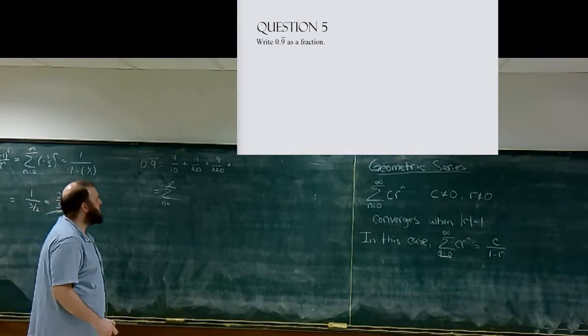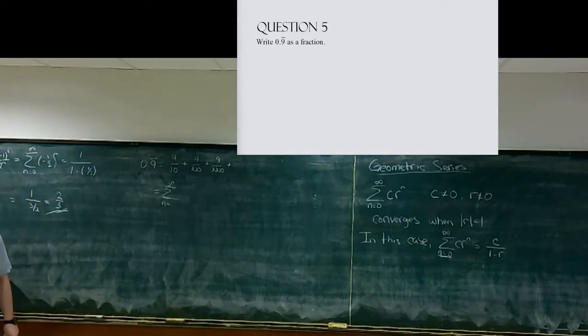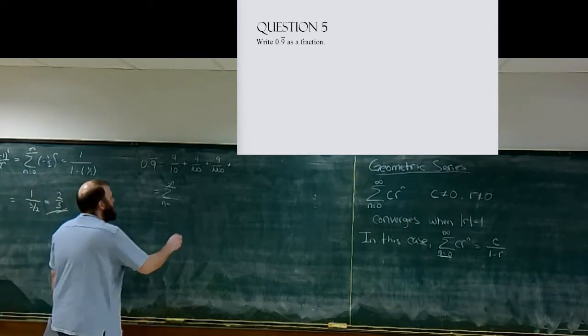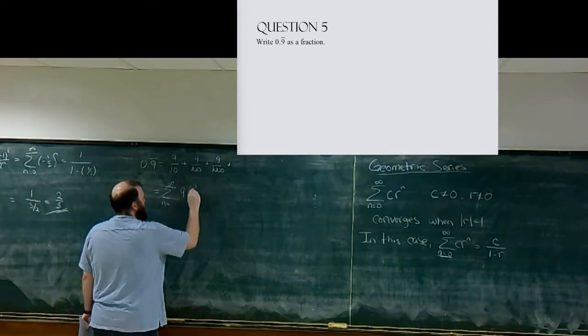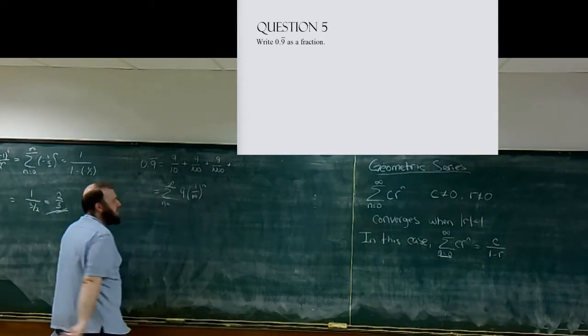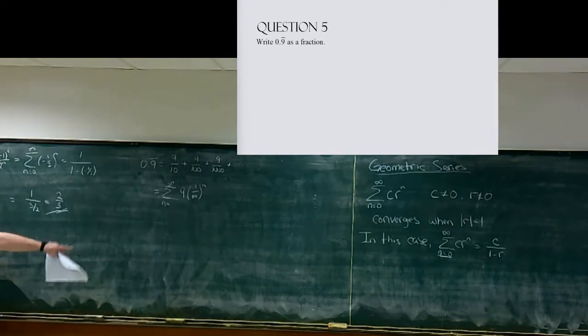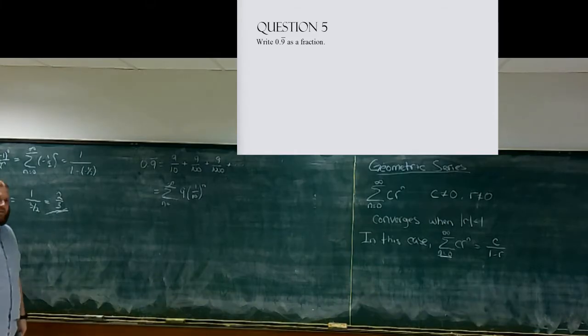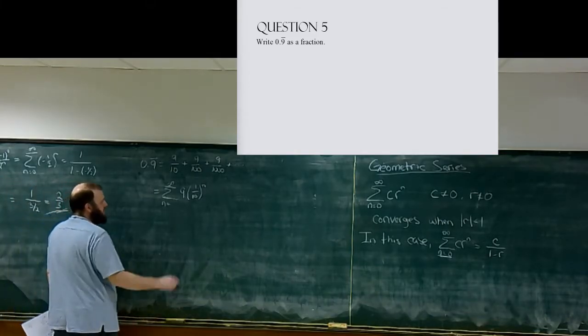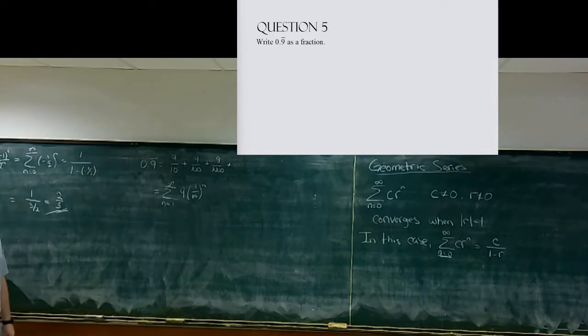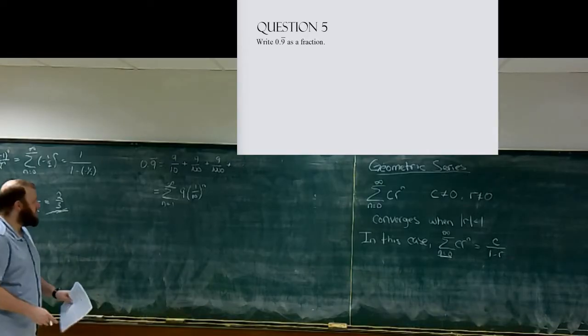Nine over 10 to the power of n. What's being raised to the power of n? Only the denominator. Only the 10. And so let's write it that way. Where does n start? 1. That's almost geometric.